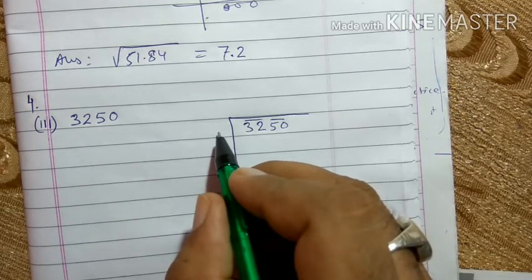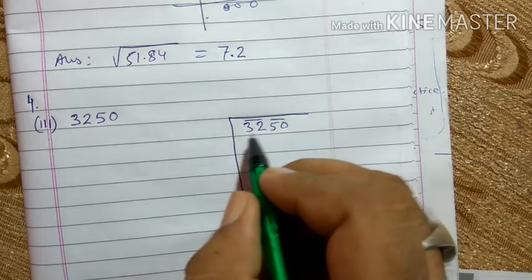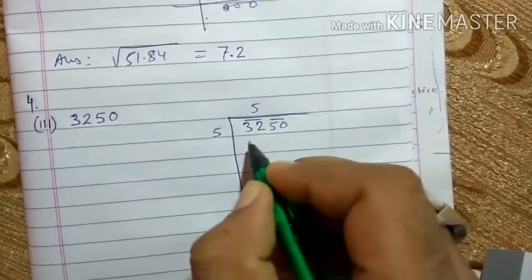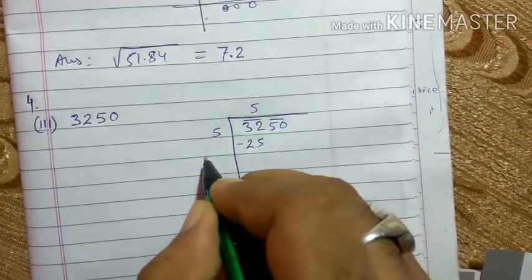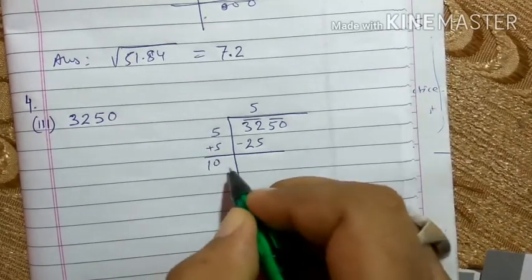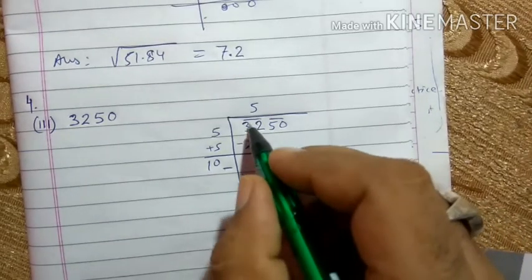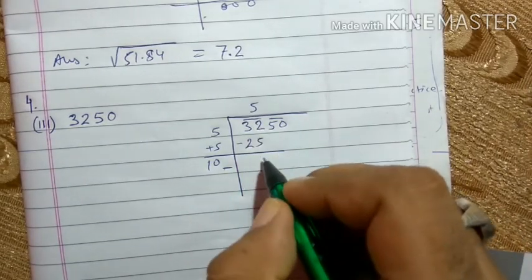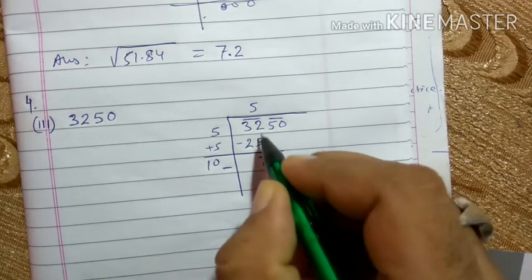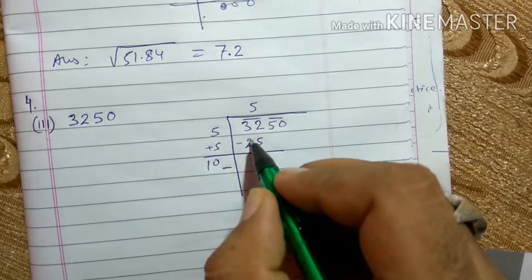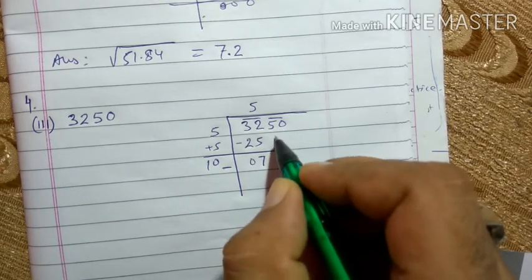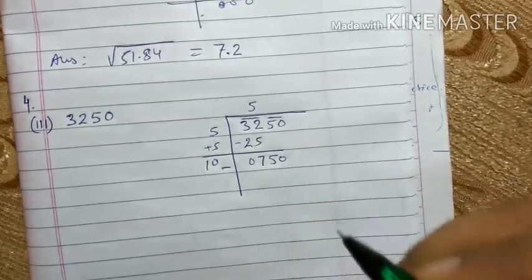If we take 6, 6 6s are 36, which is bigger than 32. So we take 5 5s are 25. Here it is subtracted and 5 is added here. So 5 plus 5 is 10, and we leave one place, and 32 minus 25 is 7, and here 2 minus 2 is 0. Now this 50 is carried down, the whole 50.